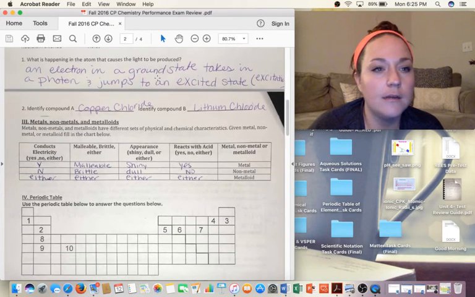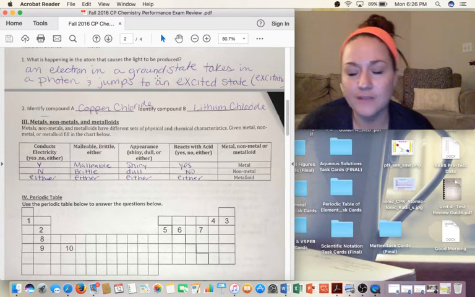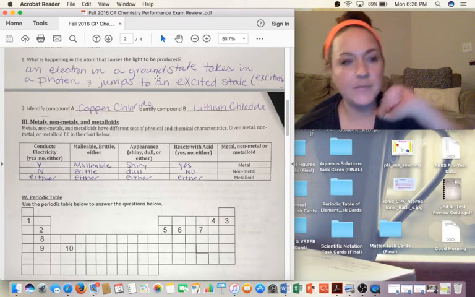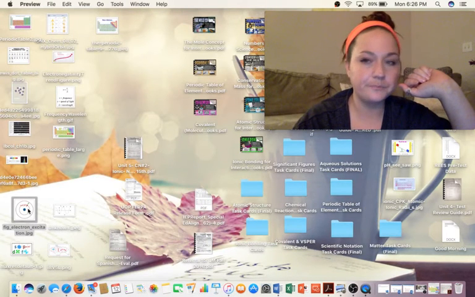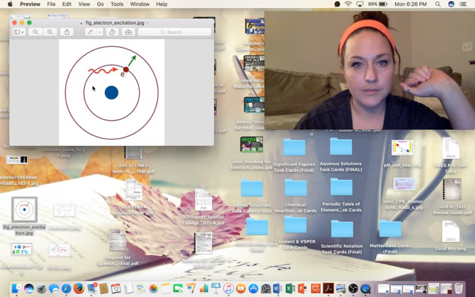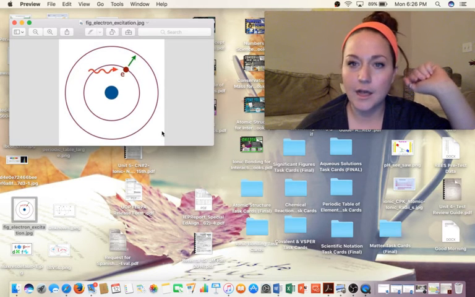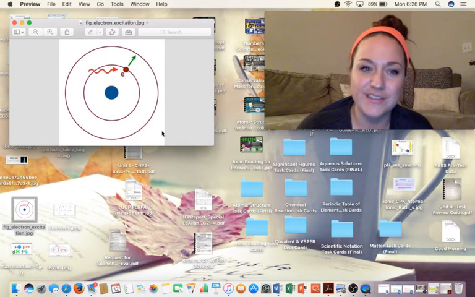All right. What is happening for the atom to cause the light to be produced? So an electron from a ground state is literally, let me back up. So when an electron is in a ground state, please remember that the original placement of the electrons in your Bohr model is known as their ground state.